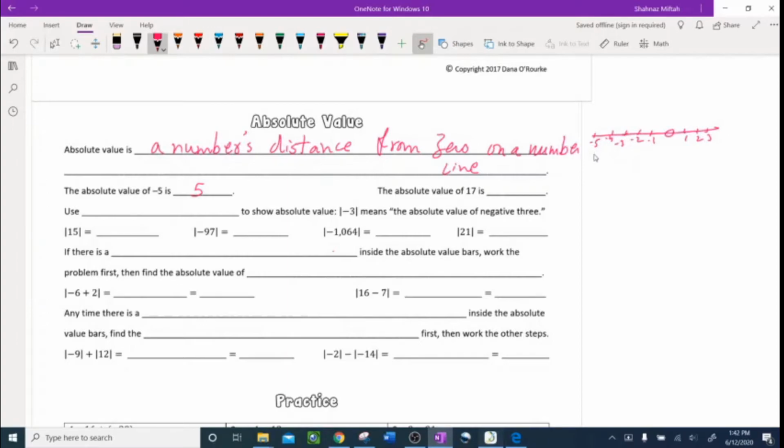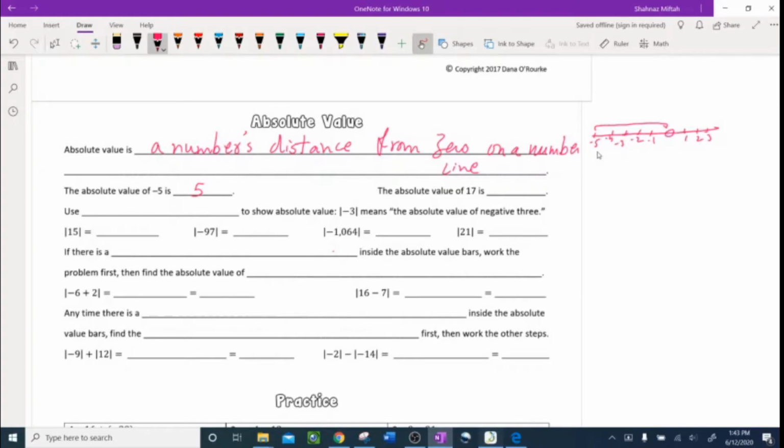What is the absolute value of negative 5? When I use the word absolute value, it means I'm talking about a distance from 0 on the number line. So the distance from negative 5 to 0 is my answer. And distance can never be negative.